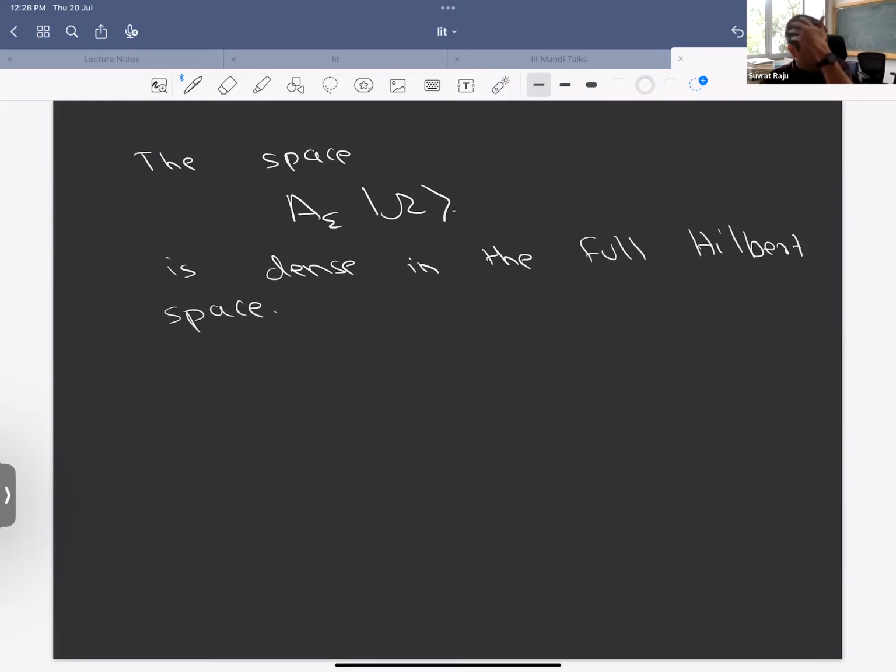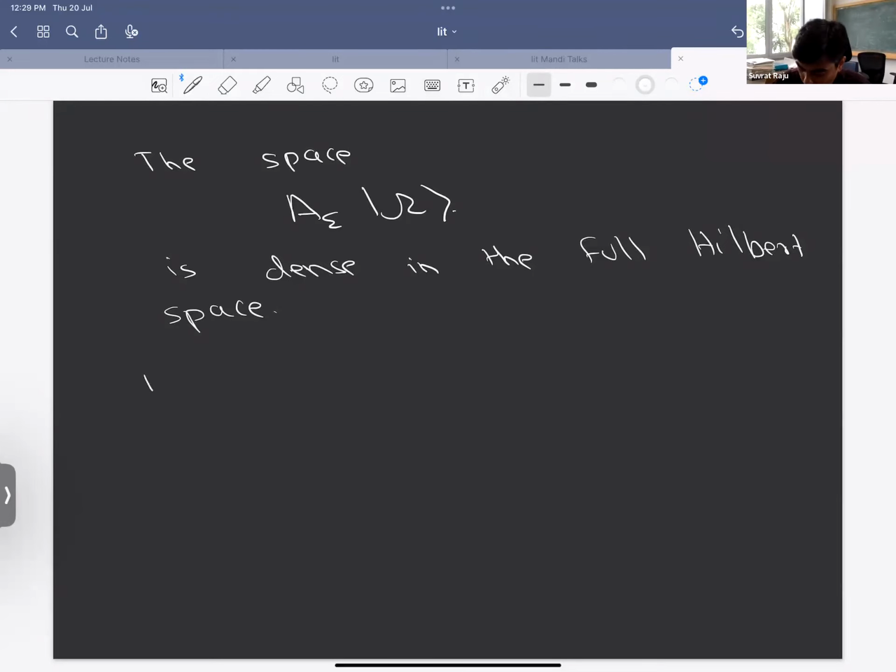Okay. This might be slightly surprising because initially I defined the Hilbert space as acting with the full algebra on the vacuum. Now I want to say, well, if you just acted with this small subalgebra on the vacuum, that is still enough to generate the full Hilbert space. Let me explain why that is the case.